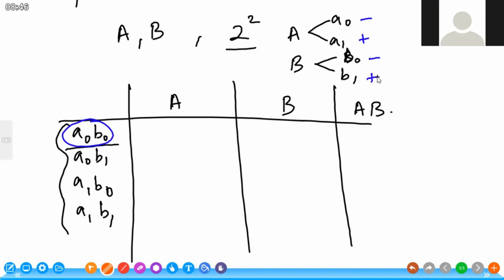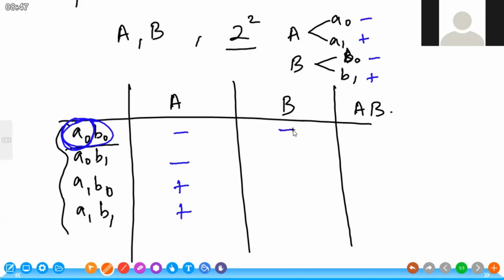So here, look at what is happening to A naught. A naught is minus. Here minus, minus, plus, plus. Is it clear to everyone? That is how it goes. What about B?